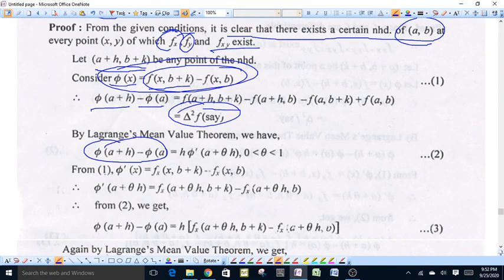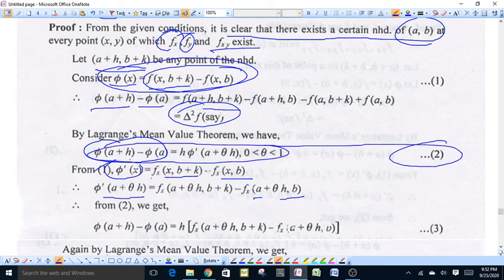The derivative of phi(x), that is phi dash (x), will be equal to f x (x, b+k) - f x (x, b), and phi dash (a + theta h) will be equal to the partial derivative of f with respect to x at (a + theta h, b+k) minus the partial derivative of f with respect to x at (a + theta h, b).